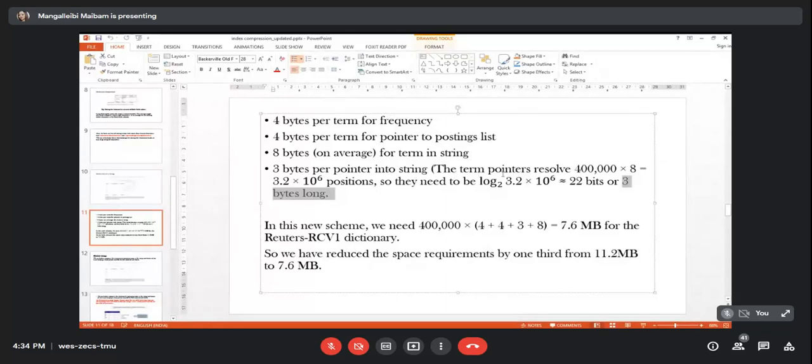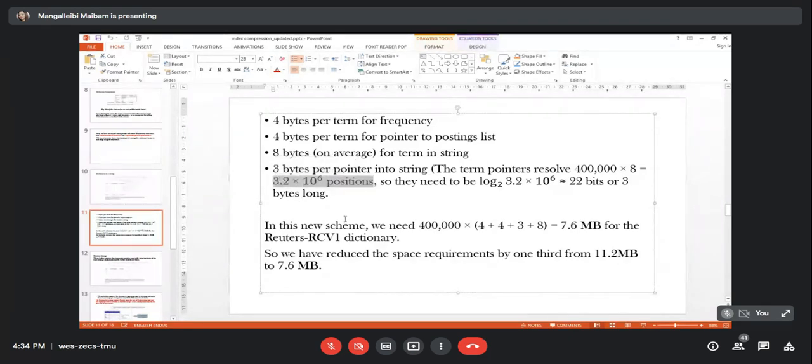Since we have 4 lakh terms and on average 8 bytes for an English term, we multiply these two, and that is the number of positions we are going to utilize.